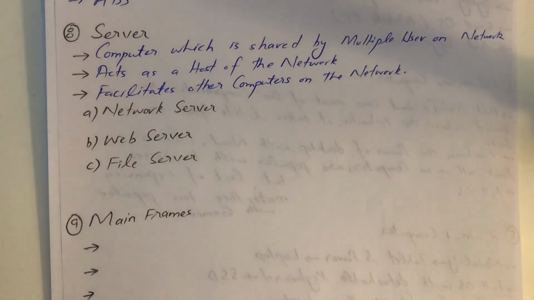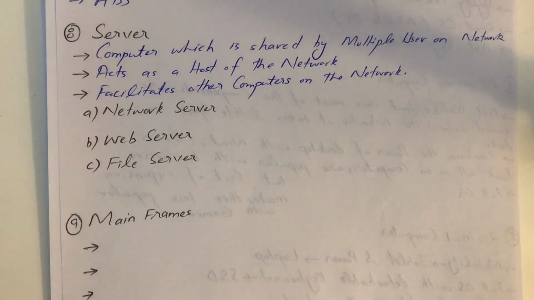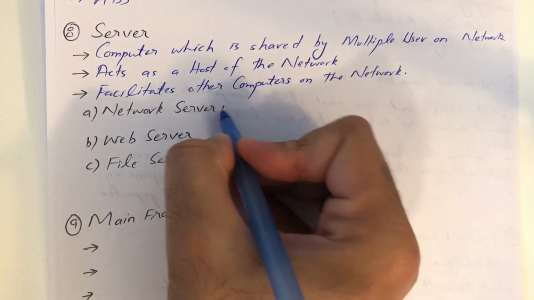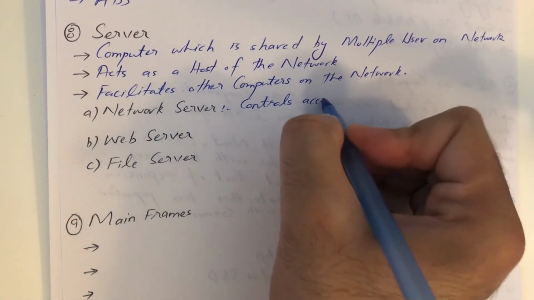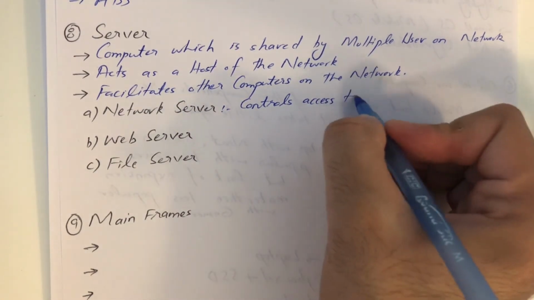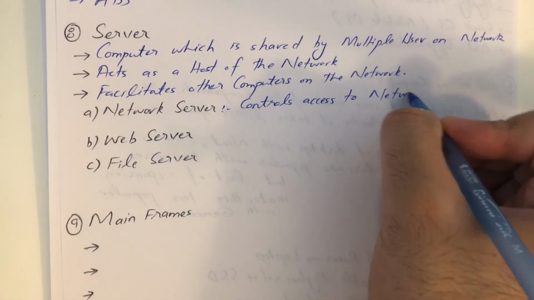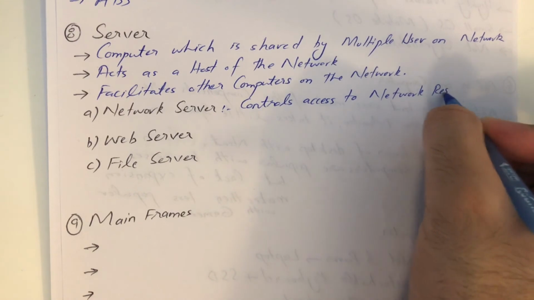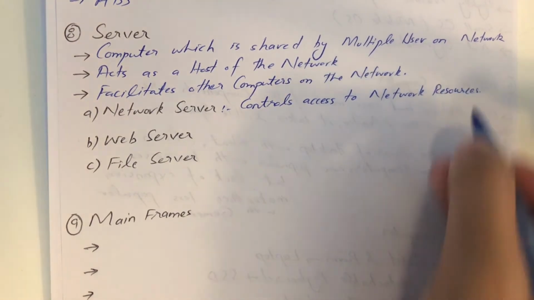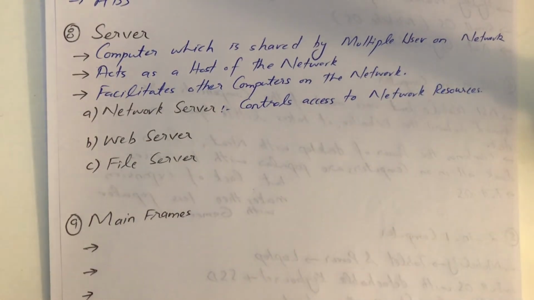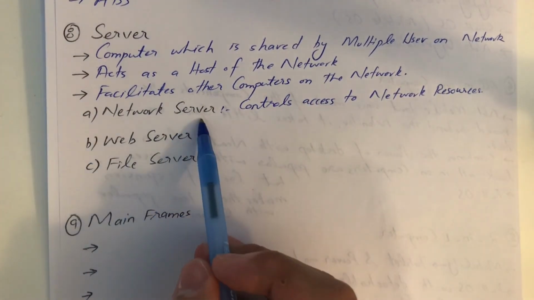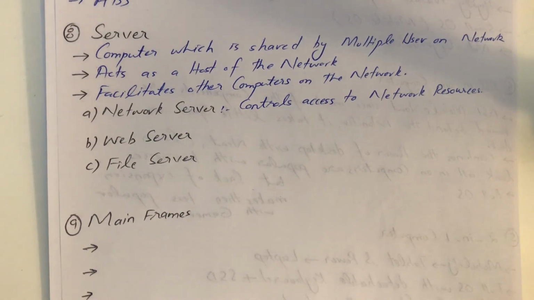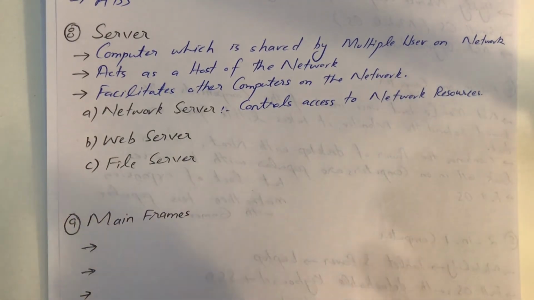There are three main types of server, and each network has to have these three. One is the network server, which controls access to network resources. For example, if you take a printout on the GGC campus, that request will go to the network server, which will verify your credentials, and then you can access that network resource.